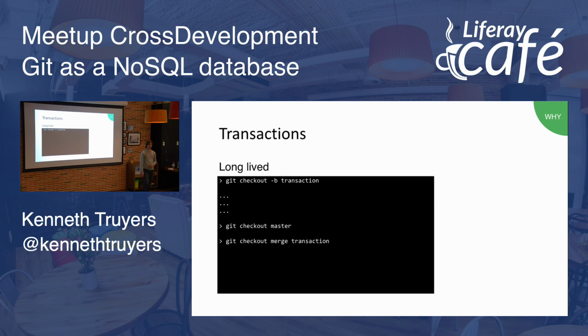So you create a new branch called transaction. On Monday you do a commit, on Wednesday you do a few others, and on Friday you finish it. Say like, right, this is good to go. Go back to the master branch and merge in that transaction. So that allows you to stage a bunch of changes, validate whether they're right, and then push them back in, or decide to just throw it away and delete the branch and get on with the rest.